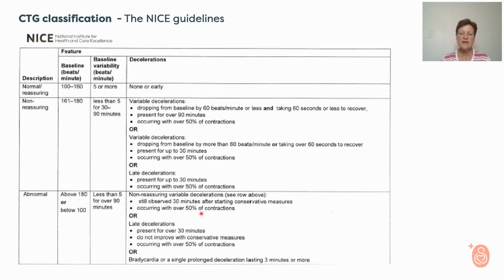And in spite of intrauterine resuscitation, we still see non-reassuring variable decelerations. Or late decelerations that are also present for 30 minutes and have also not improved with conservative measures.